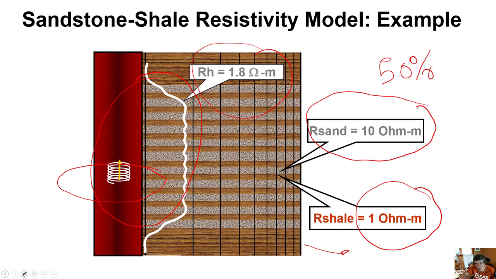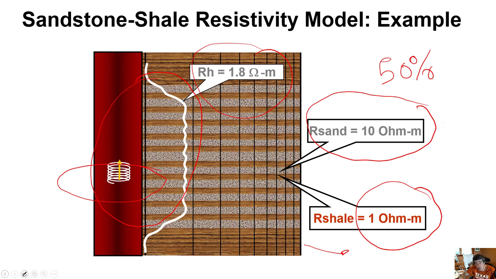So what happens if you take 1.8 ohmmeters and, naively, you have not taken this class, you go and plug this number into Archie's equation instead of the 10? Everything else the same. You have the porosity the same, the Rw the same, and the a, m, and n. All of those parameters are the same.